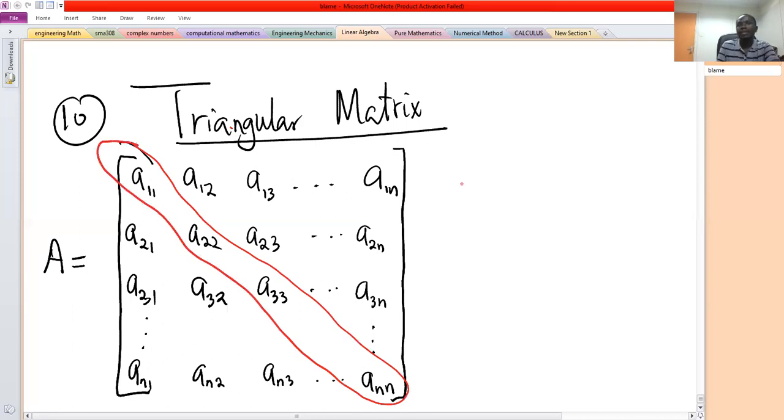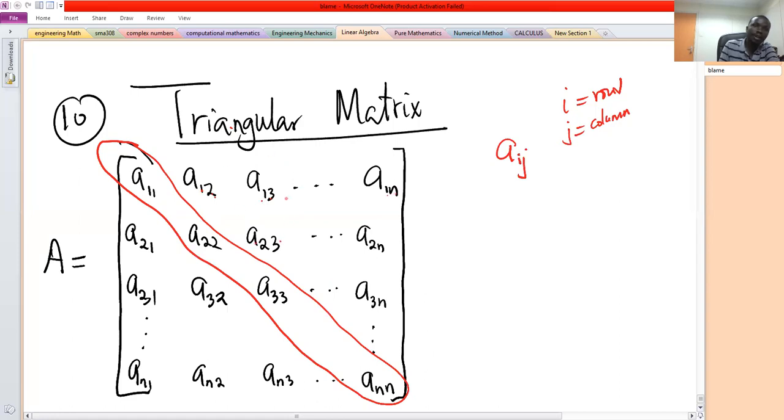So you see in this matrix, every element is of the form Aij, where I specify the row, J specify the column where the element lies. Now, if we have the main diagonal as our boundary, then in the region above it, 1 is less than 2, 1 is less than 3, 1 is less than n, 2 is less than 3.